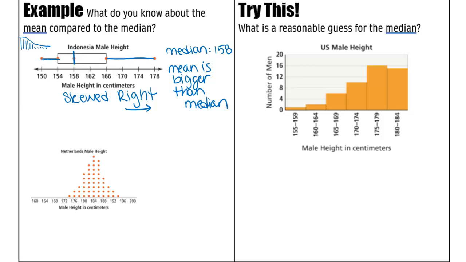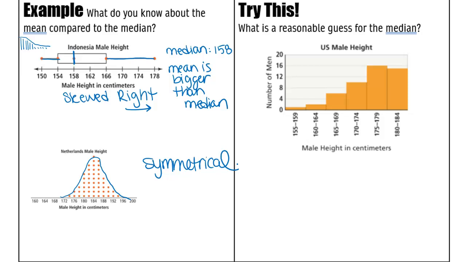Okay, the heights of the Netherlands. Now this is a dot plot, so technically I could figure out the exact answers for both of these if I wanted to do the calculations, but I don't particularly want to do the calculations. What I notice here is that if I were to draw kind of an imaginary curve around this, this is actually pretty symmetrical.